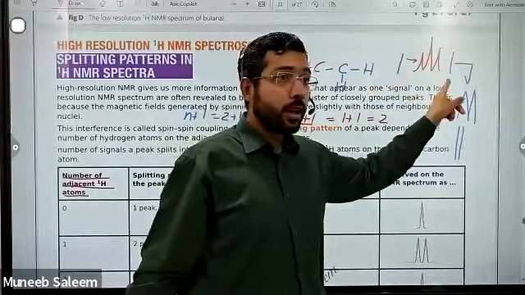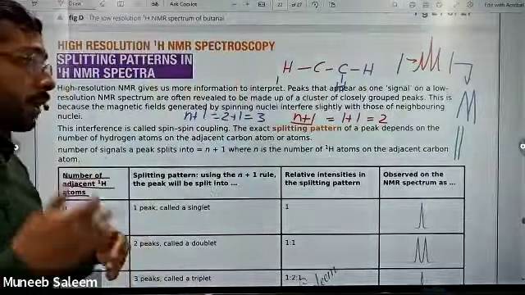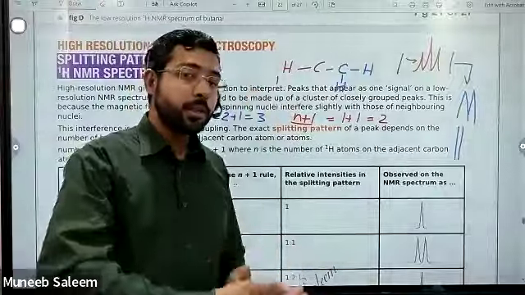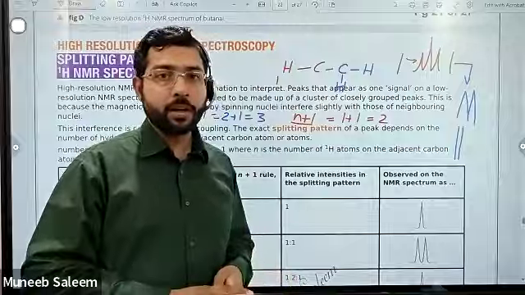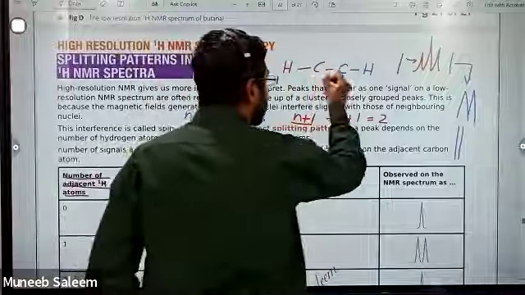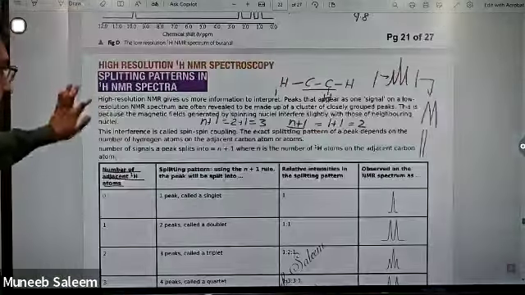This splitting is observed in the case of high resolution NMR spectroscopy. We are looking at, in high resolution, how the hydrogen atoms are basically affecting the peaks of the adjacent carbon atoms. So this can only be observed in the case of adjacent carbon atoms, by following this rule. Now these are the peaks here.